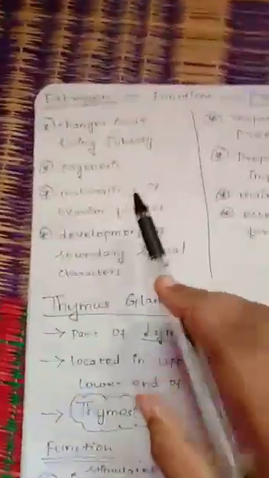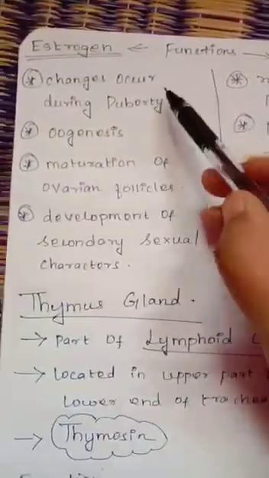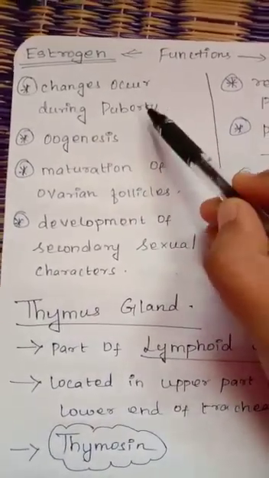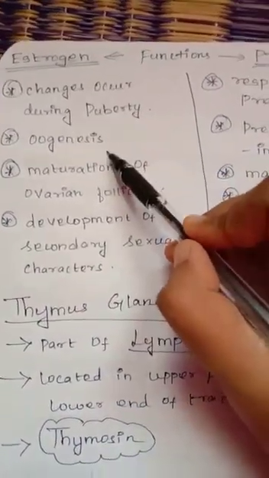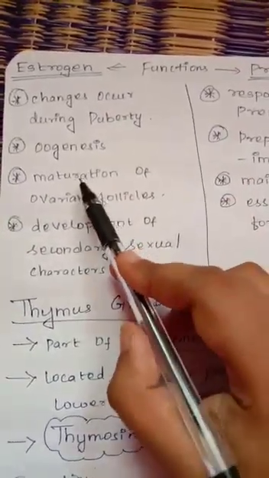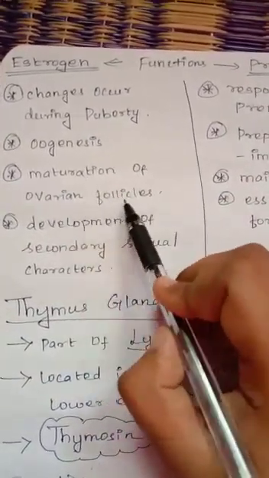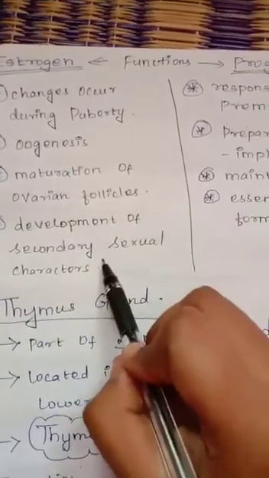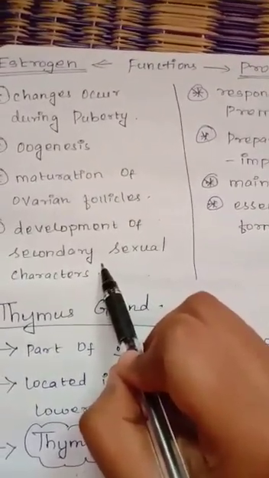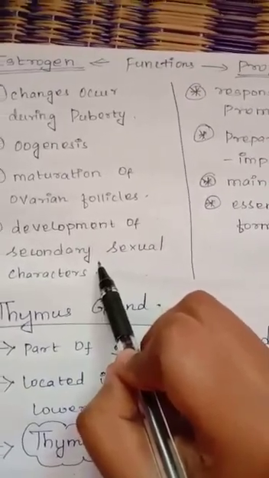And the important functions of estrogen: it brings changes in our body during puberty, and it helps in oogenesis, that is the production of ovum, and in the maturation of ovarian follicles, and it also helps in the development of secondary sexual characters like feminine voice, the growth of secondary hair, etc.